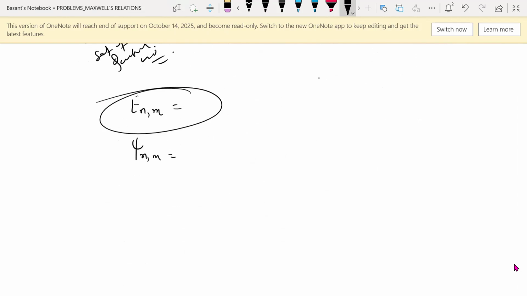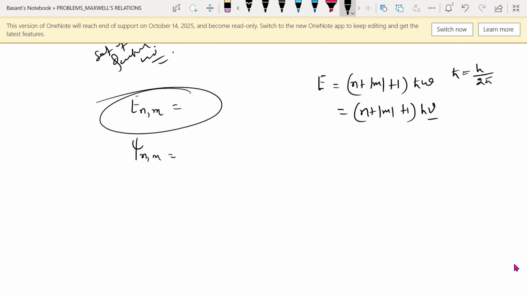So the energy term of this system is n plus mod m plus 1 times h bar omega. Or you can write n plus mod m plus 1 times h nu. Both are equal because h bar is equal to h by 2 pi, and omega is nothing but 2 pi nu. So multiplying these gives h nu. Now, what are the values of n?